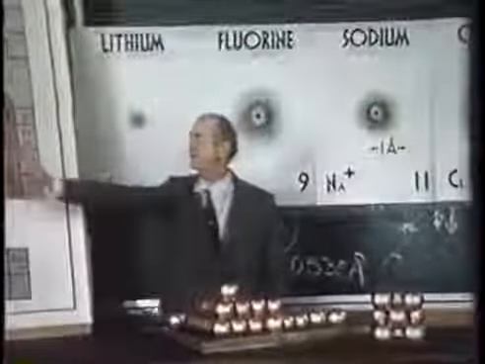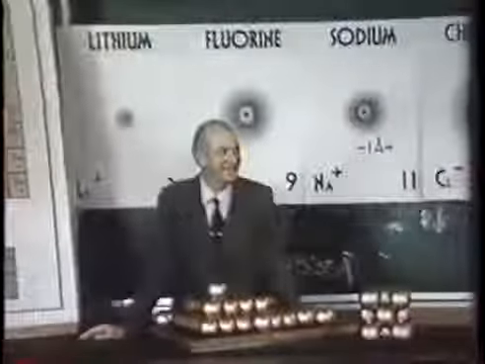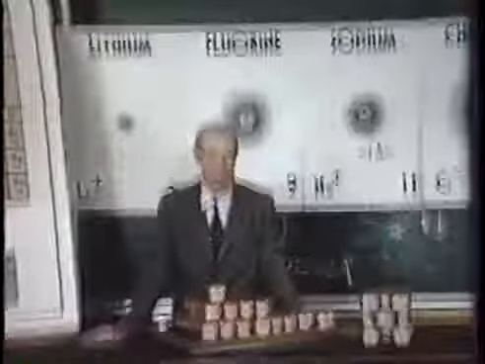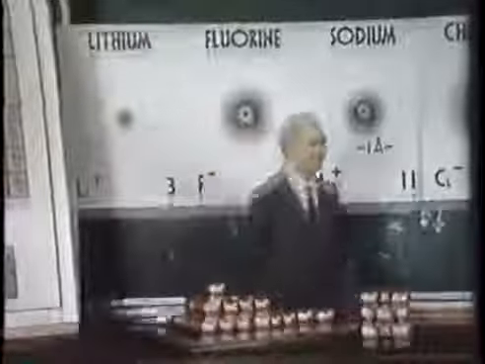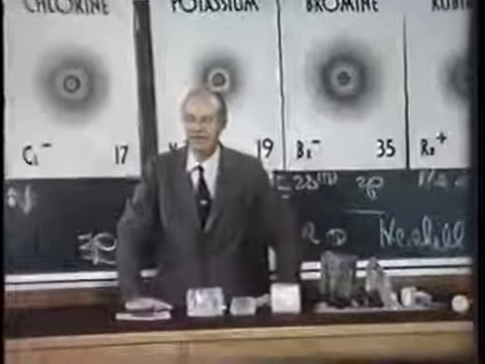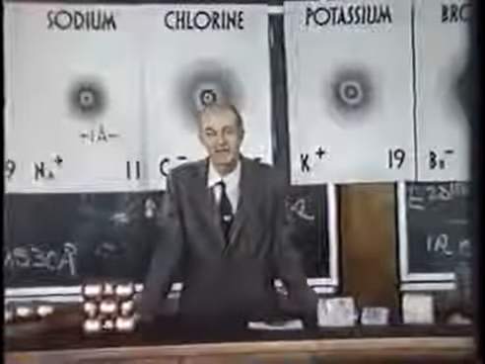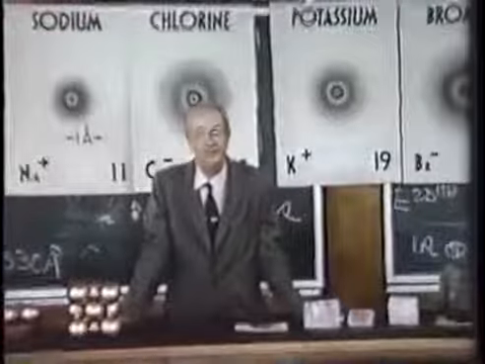Zinc, in the period 2b of the periodic table, forms the ion Zn++, Zn double plus. With atomic number 30, it loses 2 electrons easily to form the zinc ion, which has 28 electrons.